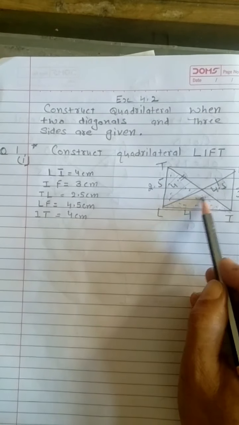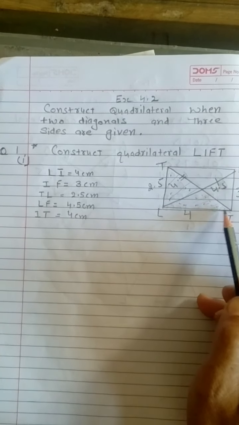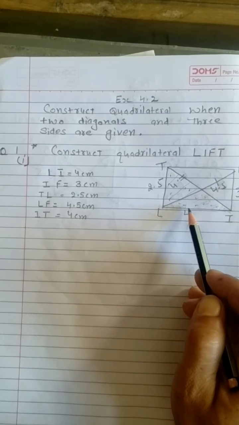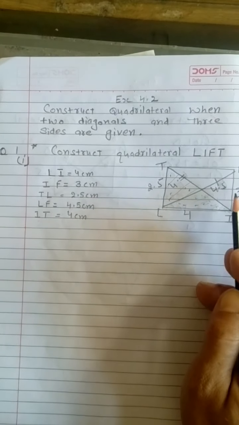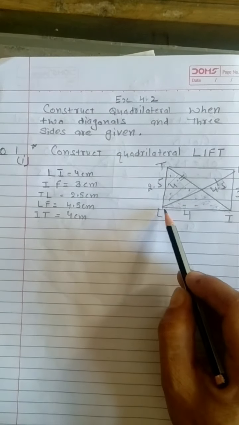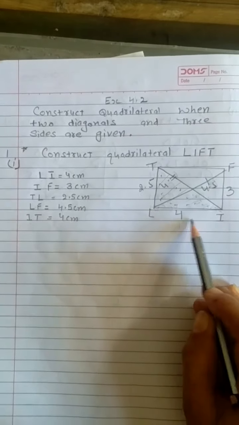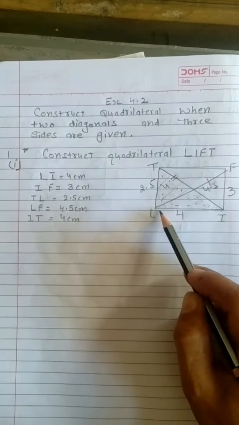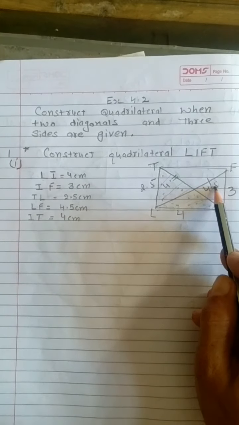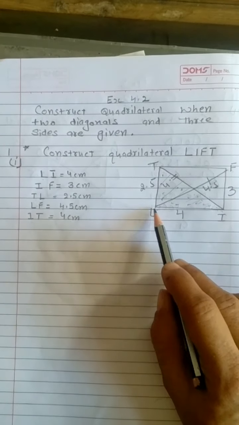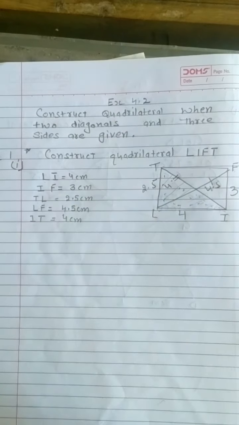So we can construct this triangle easily by using SSS construction. And after that, I'll construct LIF, where LI is 4, IF is 3 and LF is 4.5. So first of all, I'll construct LI.